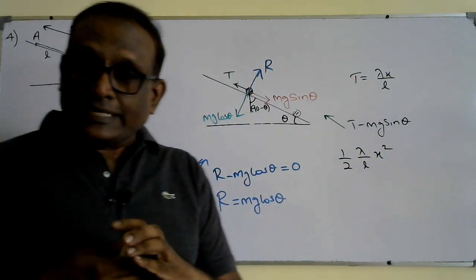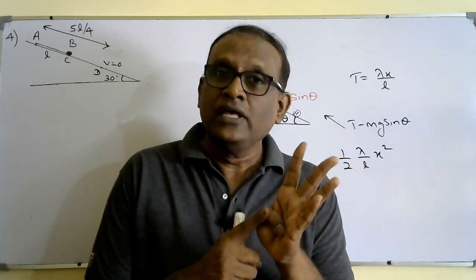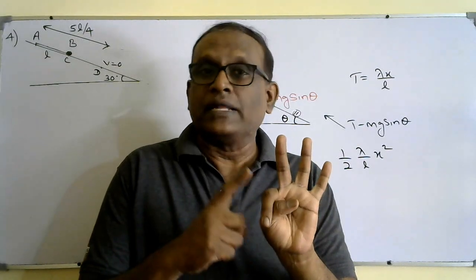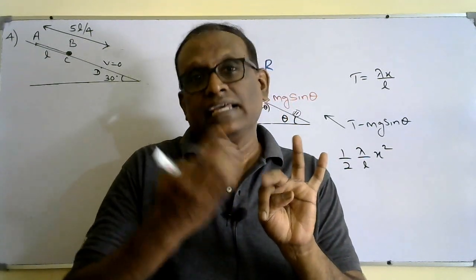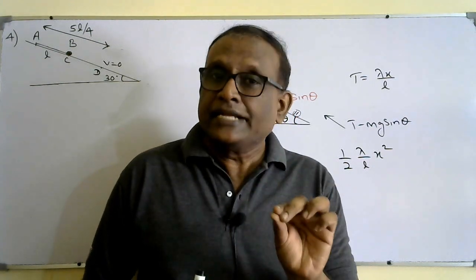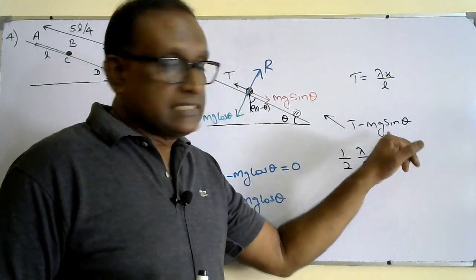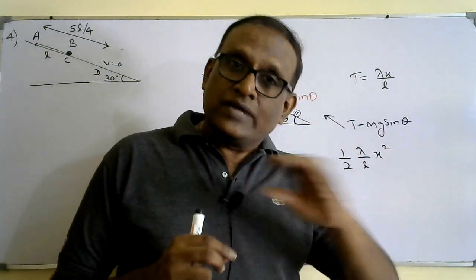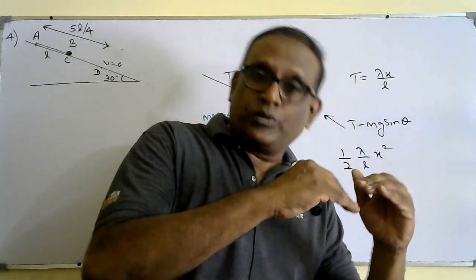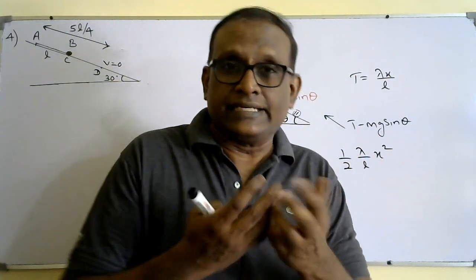Until the speed increases, loss in gravitational potential energy is equal to gain in kinetic energy plus increase in elastic potential energy. Then I told you beyond a point the tension will become greater than mg sin theta, and it will slow down. So when it slows down, it's still moving down, but it's going to lose kinetic energy.